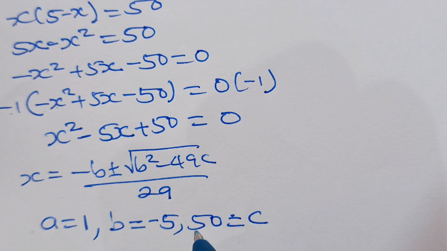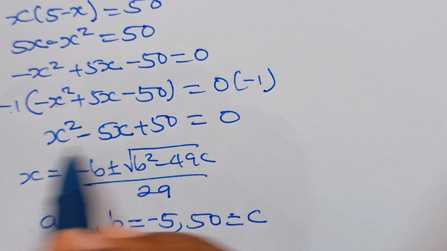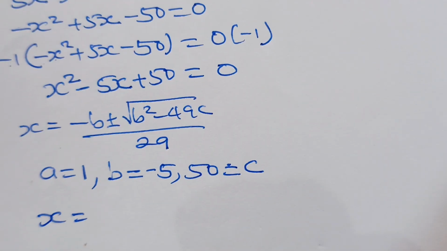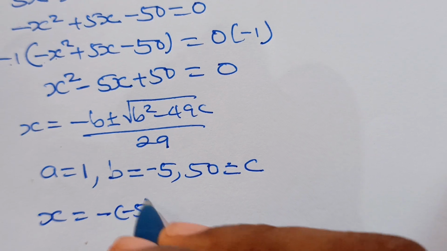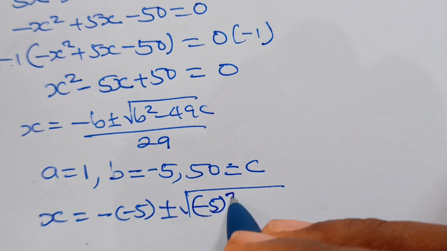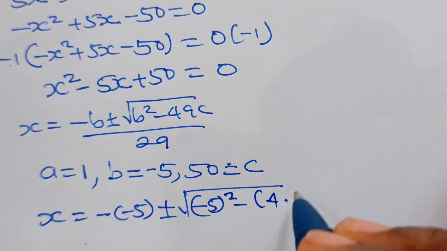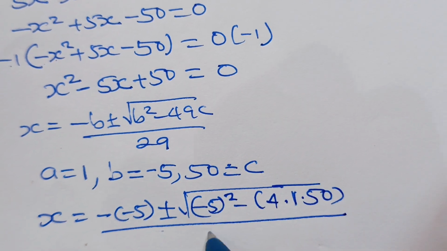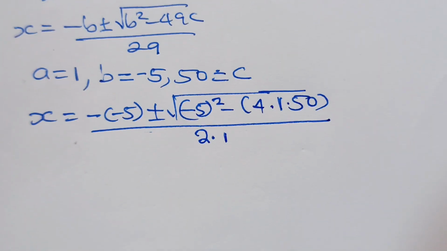Now, we are going to substitute these values into this quadratic equation formula. So we are going to have that x is equal to minus minus 5 plus or minus square root of minus 5 squared minus 4 multiplied by 1 multiplied by 50, right? Everything divided by 2 multiplied by 1.